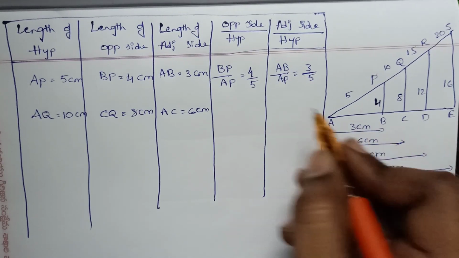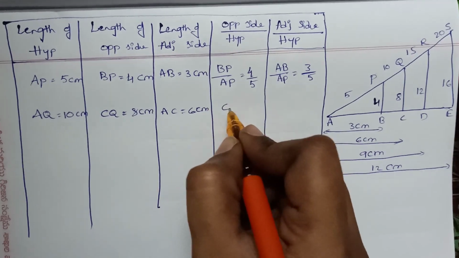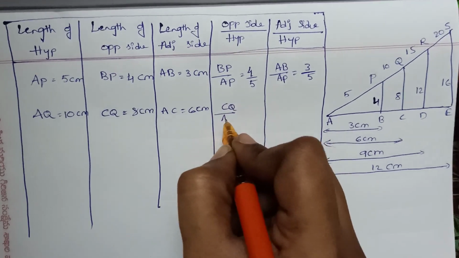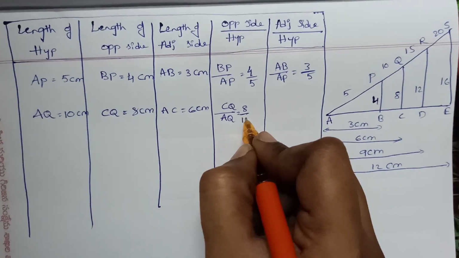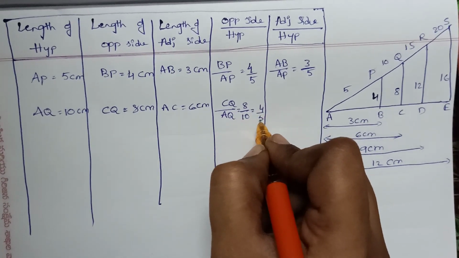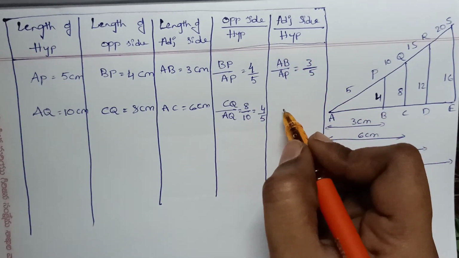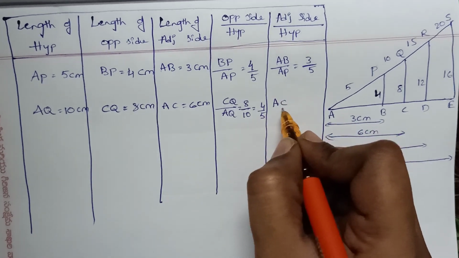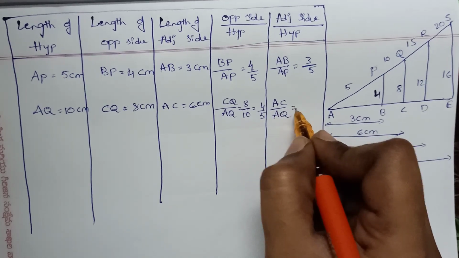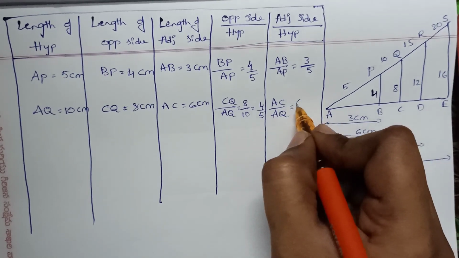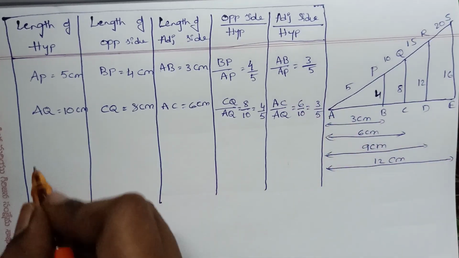Opposite side by hypotenuse, that is CQ by AQ, that is equal to 8 by 10, that is equal to 4 by 5. Next, adjacent side by hypotenuse, that is equal to AC by AQ, that is equal to 6 centimeters by 10 centimeters, that is equal to 3 by 5.